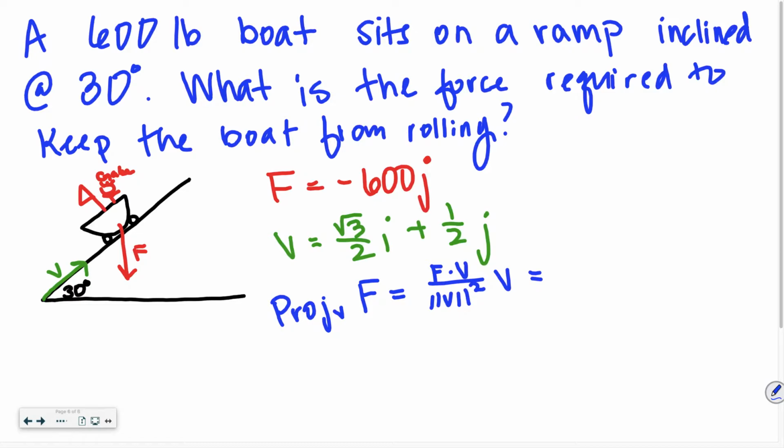Do you see why I made the vector a unit vector? Our denominator is just going to be 1. What's our dot product end up being? Negative 300 times our vector radical 3/2 i plus 1/2 j.